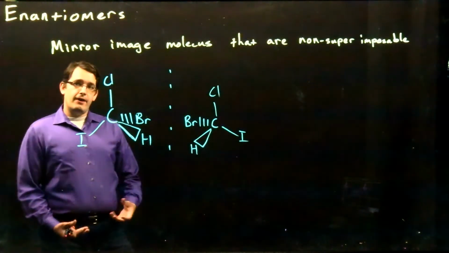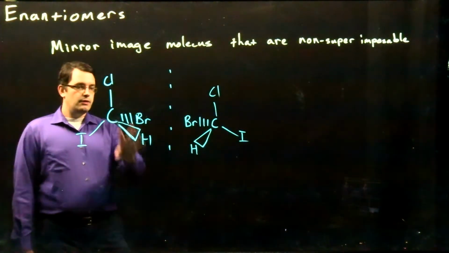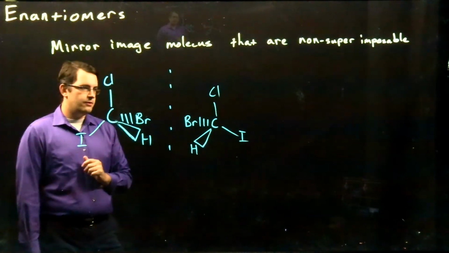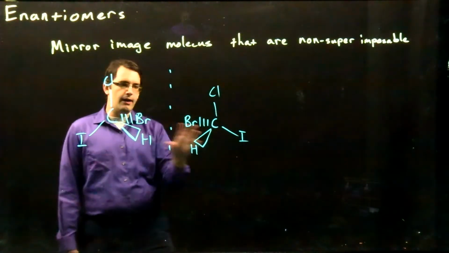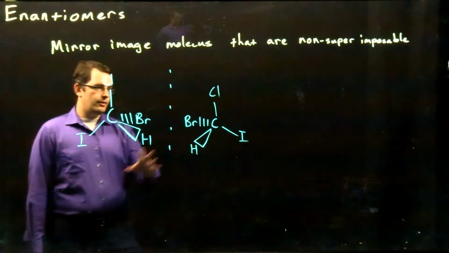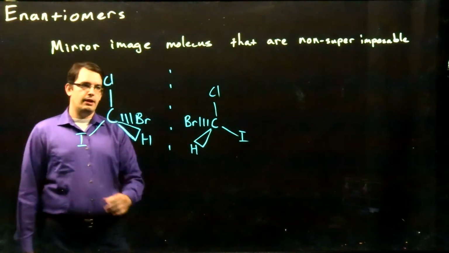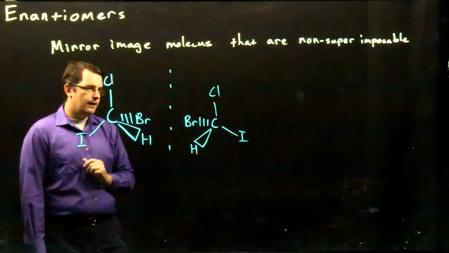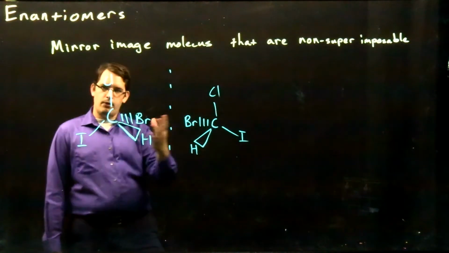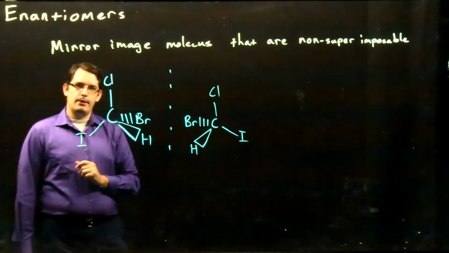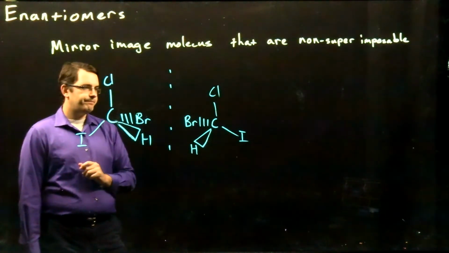Now, once we've identified a chiral molecule, so we've found that carbon atom, and we've seen that we have 4 unique groups to 1 carbon, we know that we're going to have 2 different enantiomers of that molecule. So here I have my 2 enantiomers shown here. You can see how they're perfectly mirrored right across this dotted line that I have here. And again, of course, I could try to rotate that, but I'd never be able to get it to superimpose over my other molecule.